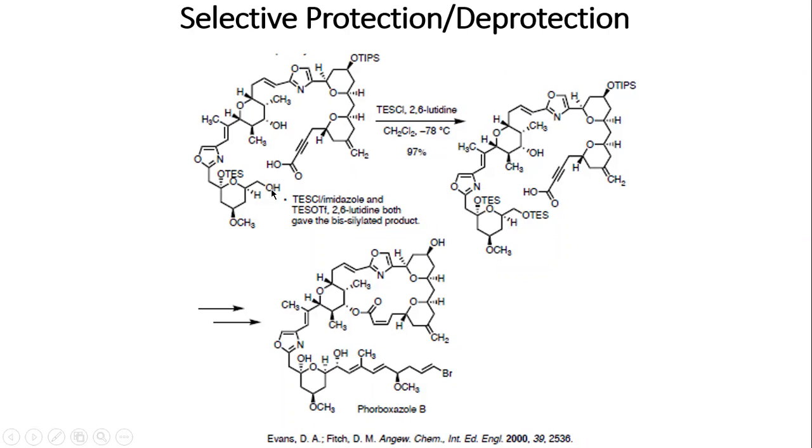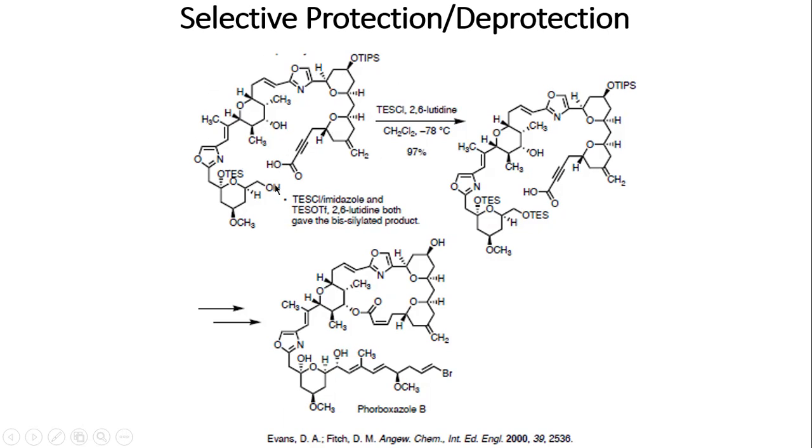Even in this molecule, there are some protecting groups already in place. There's a TIPS group, triisopropylsilyl group here. There's a triethylsilyl group here. So there are some alcohols that are already protected. Everything else in here is inert to silyl protection. You would think that the carboxylic acid would be available, but those electrons are tied up in resonance, so you don't really get any competition from that.